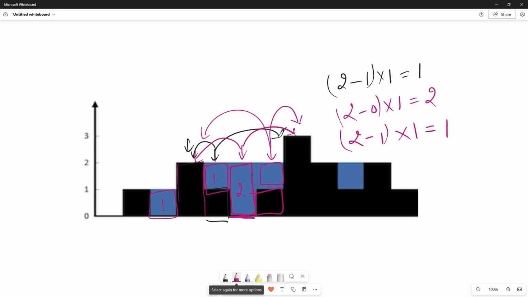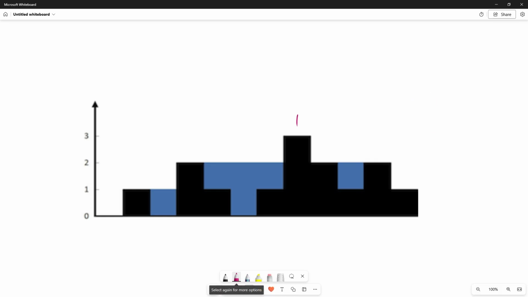So this water is 1 unit. At this position, the maximum height bar is this one, and there is no maximum height bar toward the right except itself. Okay, so water won't stay at this position. If any water comes here, the water either flows toward the left or toward the right. So the water collected here will be 0.